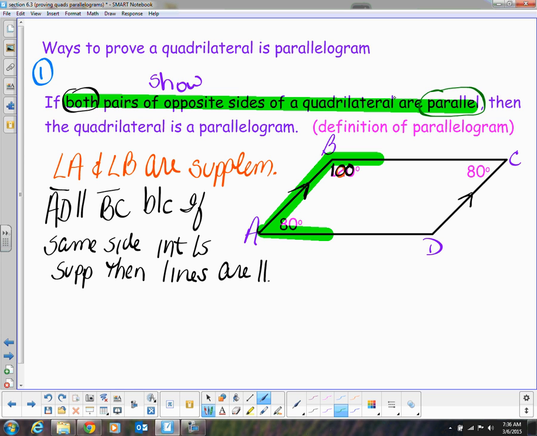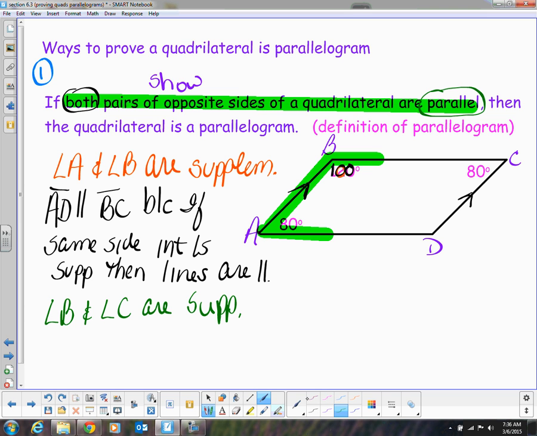Parallel. So is there another pair of angles I can use? The equals does not get me because they are not alternate interior, same side interior, alternate exterior, any of those. B and C are what? Angle B and angle C are supplementary again.